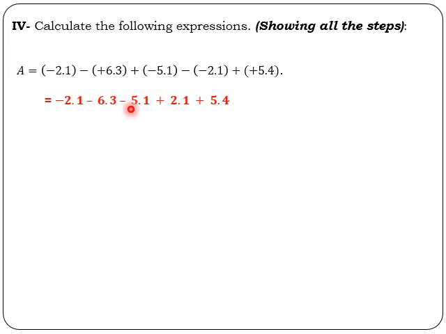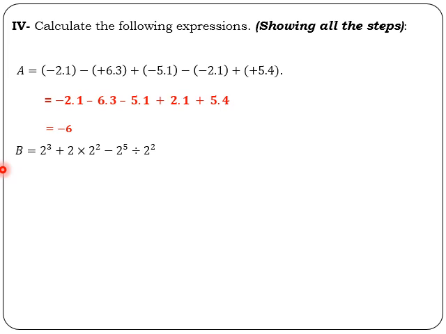Keep in your mind that if we have the same sign, it will be positive. If we have opposite signs, plus minus or minus plus, it will give me a negative result. Minus minus 2.1 is plus 2.1. Plus plus 5.4, it's 5.4. So the final answer is minus 6.